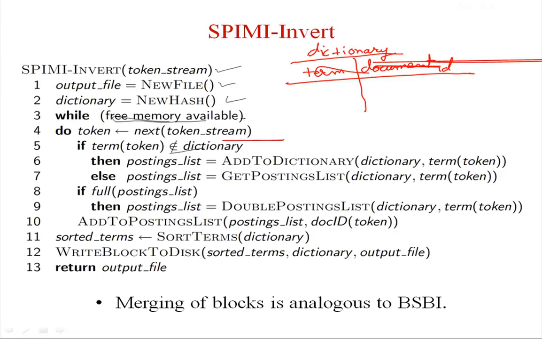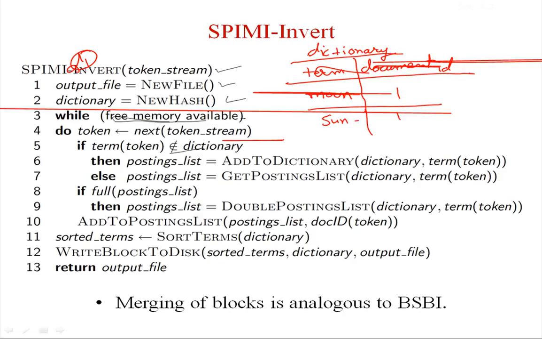Suppose a term moon occurs in a document, starting with document D1, and another term like sun occurs, and if it doesn't exist in the dictionary, then we will add sun and the document ID to the posting list.